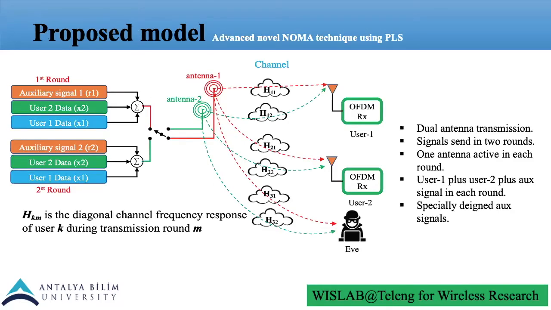All right, so now let's talk about the proposed method. Since we've now seen that we have gaps to fill in the literature, let's do some research and try to find a model that we can propose that will be able to answer this question. The model that we're going to propose is an advanced NOMA technique, which uses physical layer security to protect the information of the users.